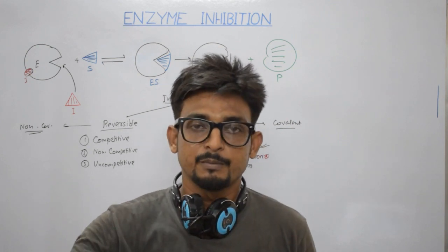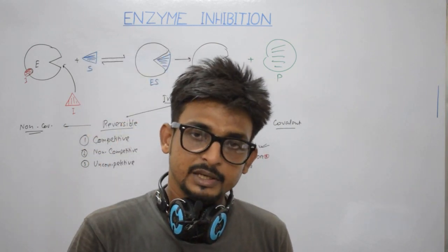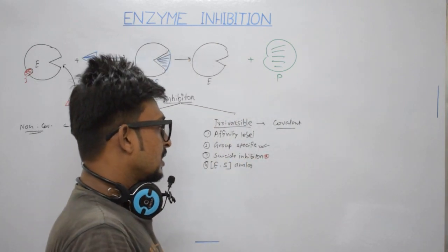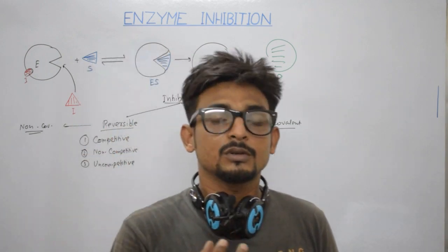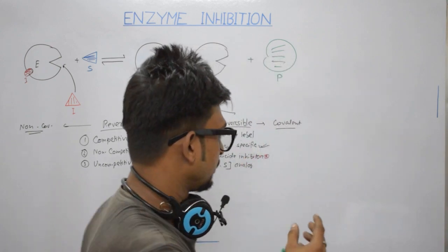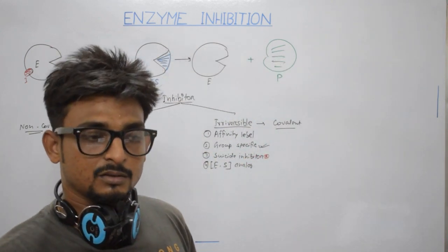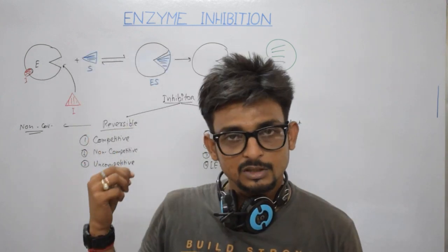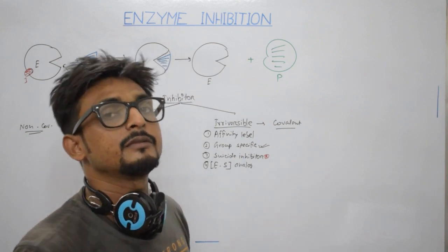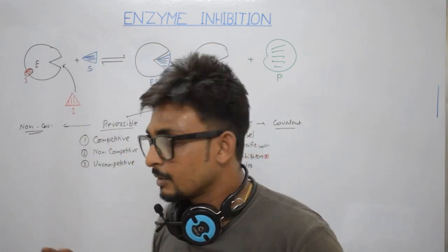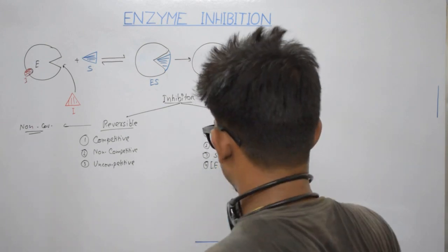One of the intermediates will form a radical, a free radical molecule, present on that particular intermediate. That intermediate will go and inhibit the activity of the enzyme. So that is the case of suicide inhibition, or suicide inhibitor.